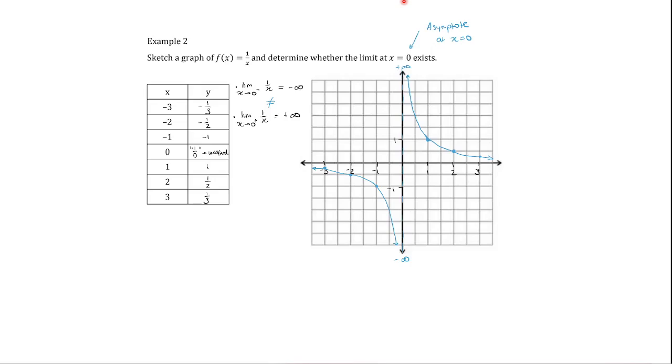And so since the left-hand sided limit of f of x is not equal to the right-hand sided limit of f of x, the limit itself does not exist.